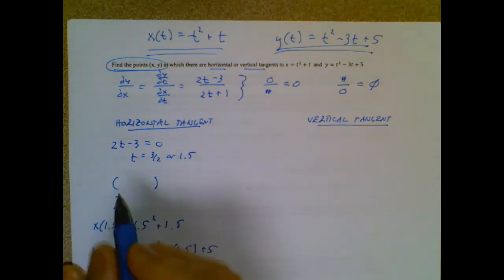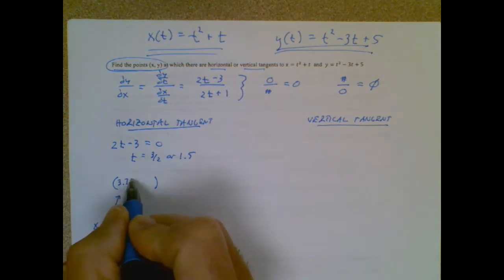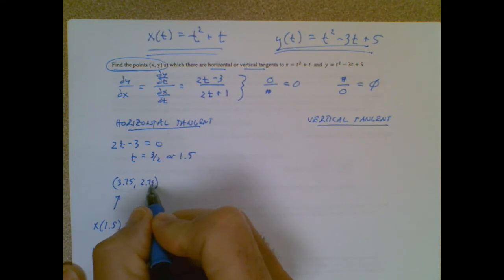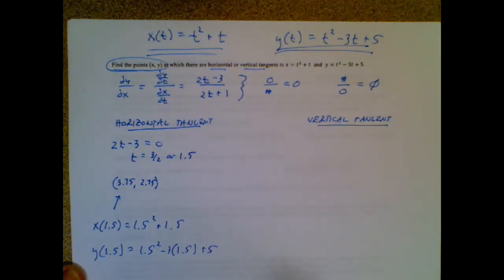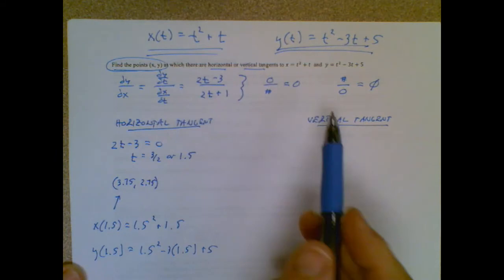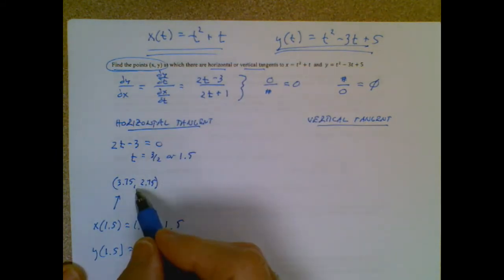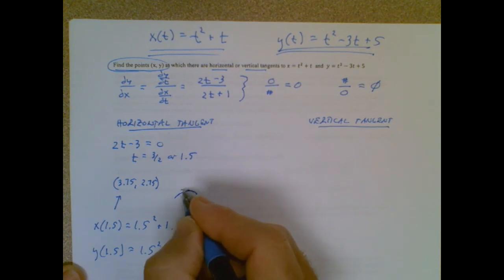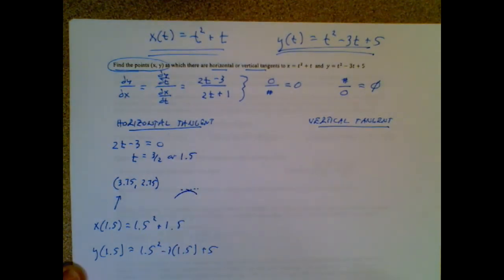And I worked that out before. I would get 3.75 comma 2.75. So I don't necessarily know what the graph of this parametric curve looks like, but I know at that spot on the coordinate grid, I get a horizontal tangent. We haven't even talked about the concavity.